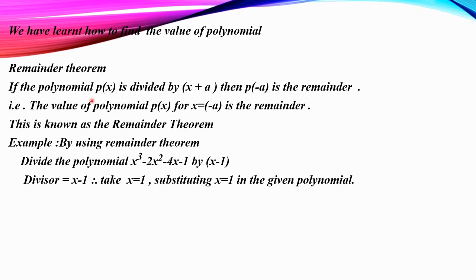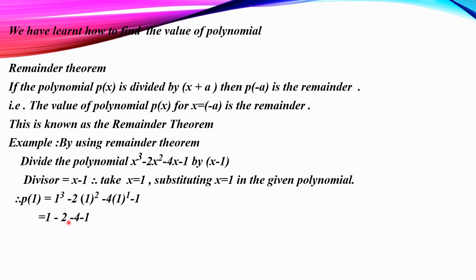Therefore, taking x is equal to 1, substituting the value x is equal to 1 in the given polynomial, we will find the value of the polynomial. p(1) is equal to 1 raised to power 3 minus 2 into 1 raised to power 2 minus 4 multiplied by 1 raised to power 1 minus 1.